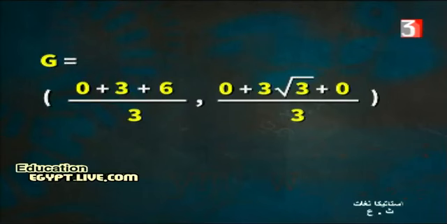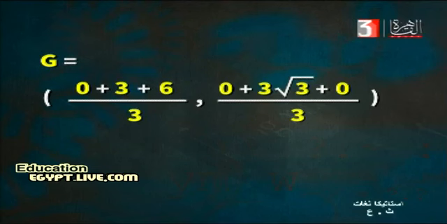The centroid means x1 plus x2 plus x3 over 3, y1 plus y2 plus y3 over 3. This is the centroid or point of coincidence, the point of intersection of its medians.